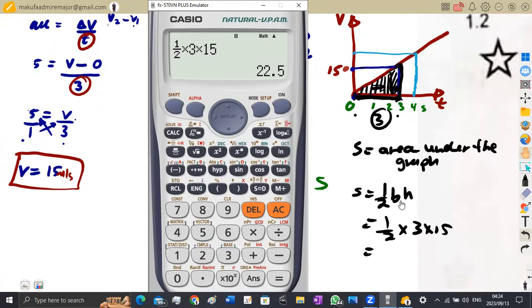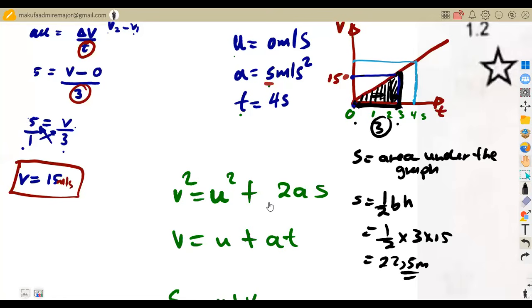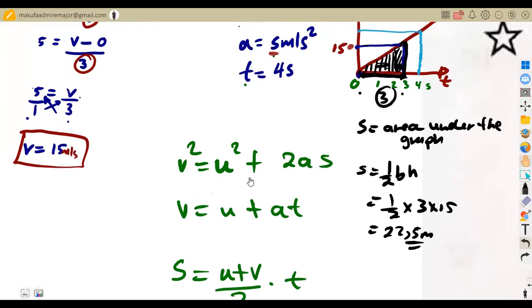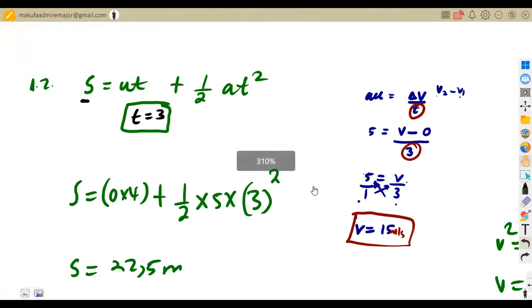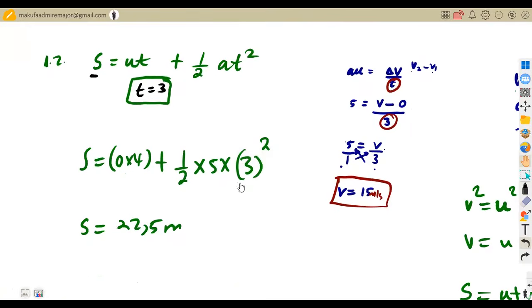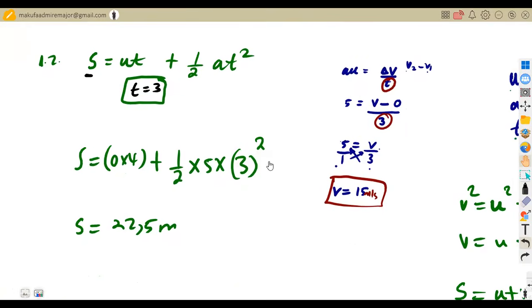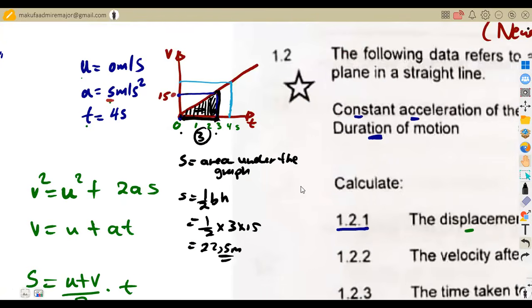As we can see, we are obtaining 22.5, which is the same answer as the one that we got from our previous solution, from our calculations using the formulas for linear motion, whereby it's a straightforward calculation because you have these formulas. So you simply have to substitute. All right, so that was the whole idea of this question.